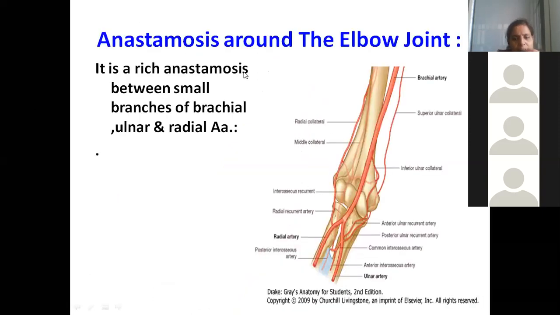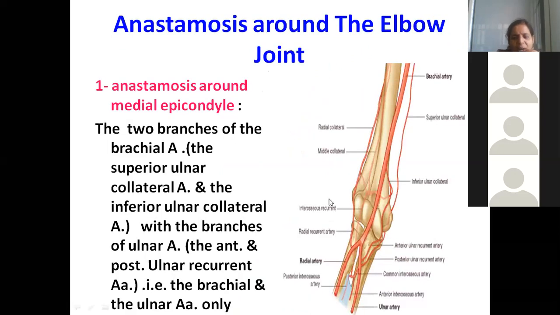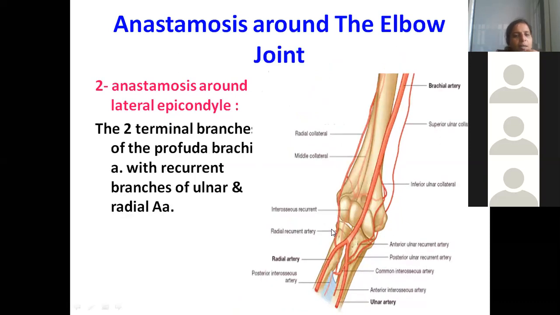The rich anastomosis is nothing but a rich anastomosis between the small branches of the brachial, radial, and ulnar arteries. Like around the medial epicondyle, anteriorly we have inferior ulnar collateral and anterior ulnar recurrent. Behind we have superior ulnar collateral and posterior ulnar recurrent. In front of the lateral epicondyle, we have radial collateral and radial recurrent.